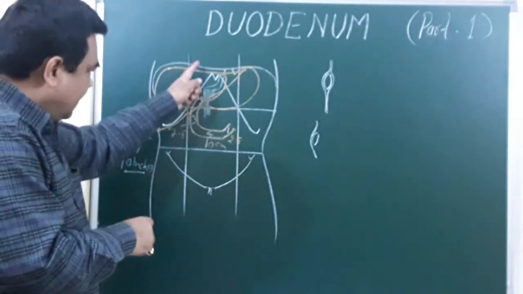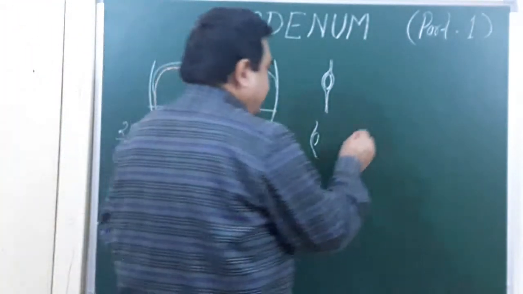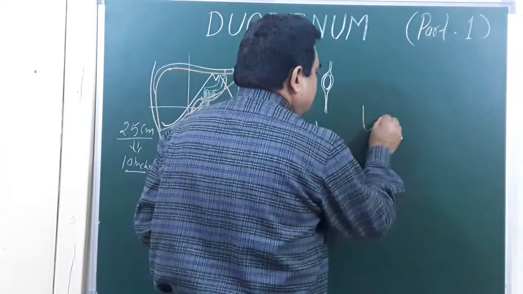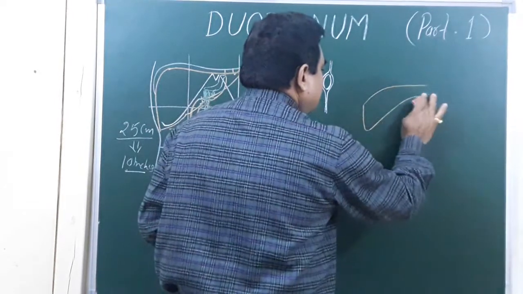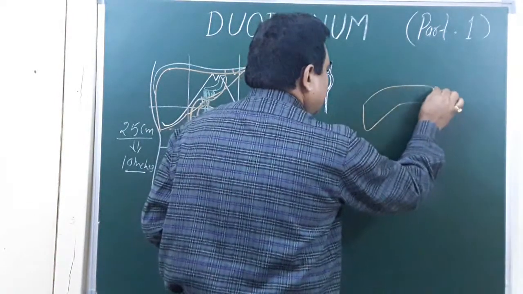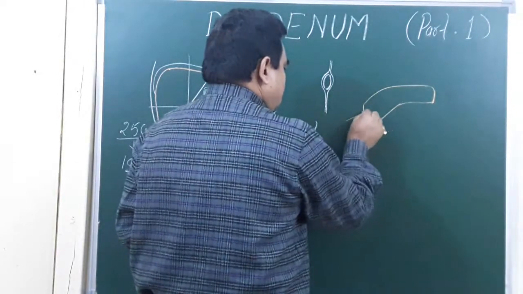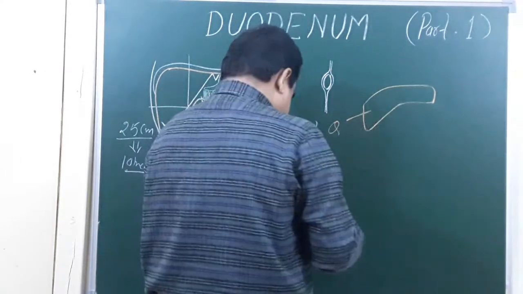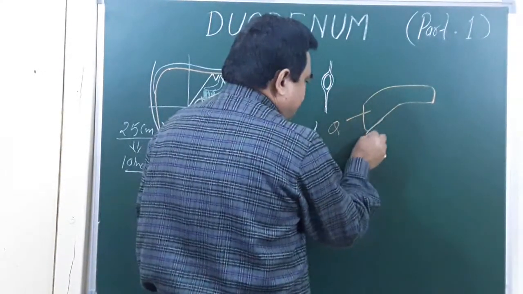If you cut a section at this level, you will find that this is the quadrate part of the liver, the quadrate lobe of the liver, and here is the position of the fundus of the gallbladder.